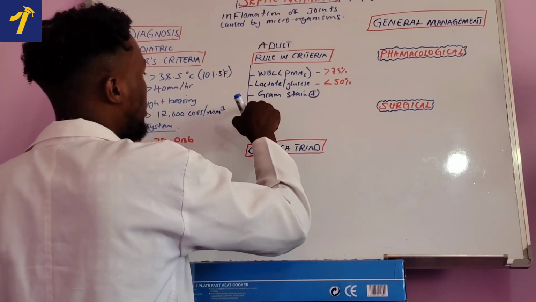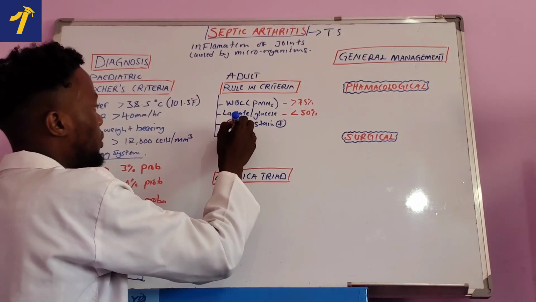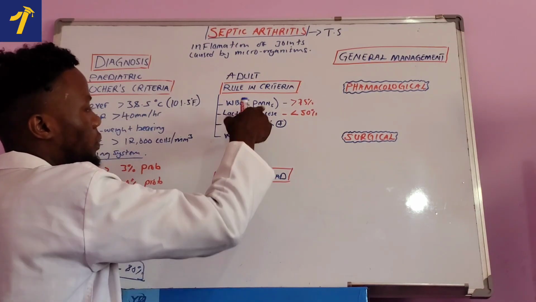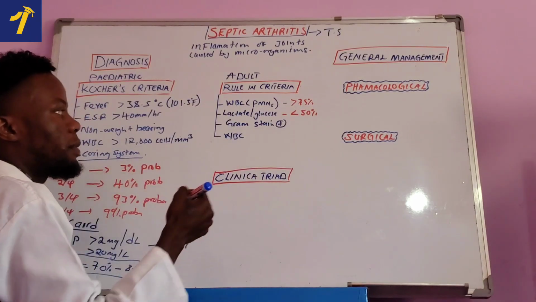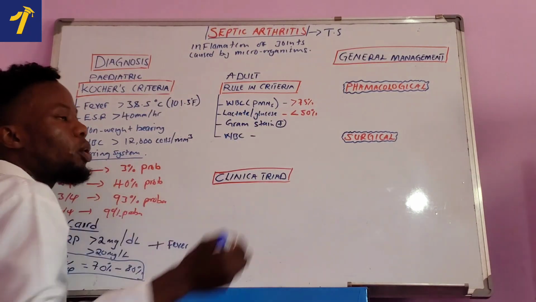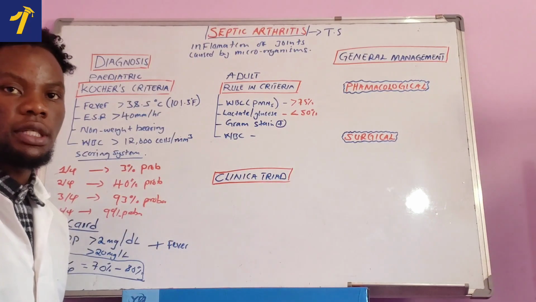And the last important factor is the WBC count. Not with differential, which is the greater than 75% we were talking about, but the number of all white blood cells in the joint aspirate.